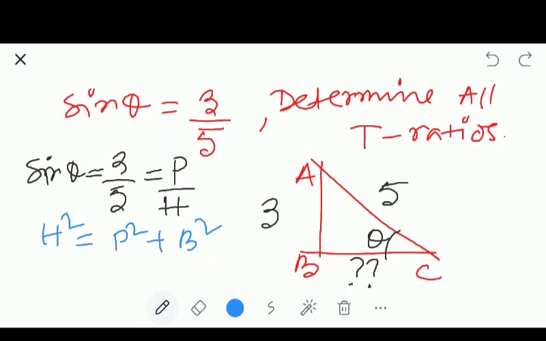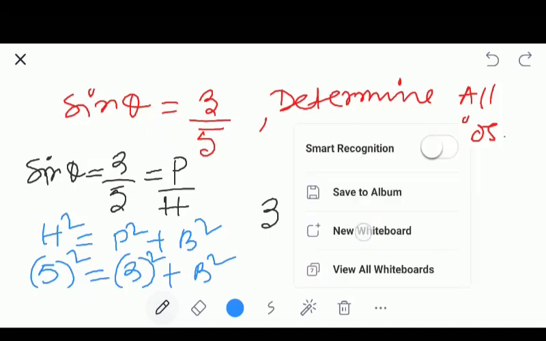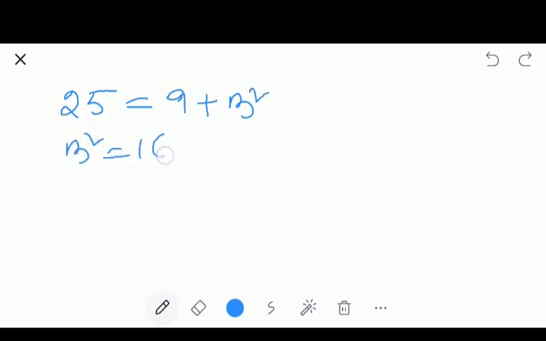Now hypotenuse is 5, so 5 square is equal to perpendicular 3, that is 3 square, and the base will remain same. Next move to another slide and calculate the rest of the part. Now 5 square is 25, that is equal to 9 plus b square. Now b square will be equal to 16 and b will be equal to 4.